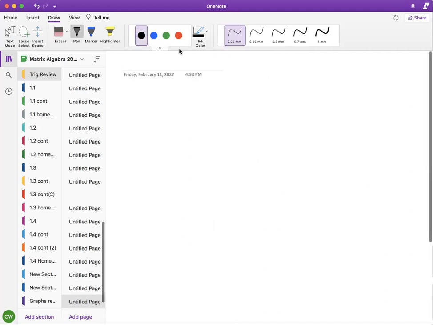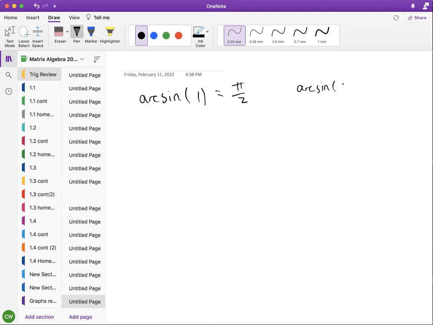So you can do other ones. Arc sine of 1. There is only one angle where sine is 1, which is pi over 2. Arc sine of negative 1 is negative pi over 2.